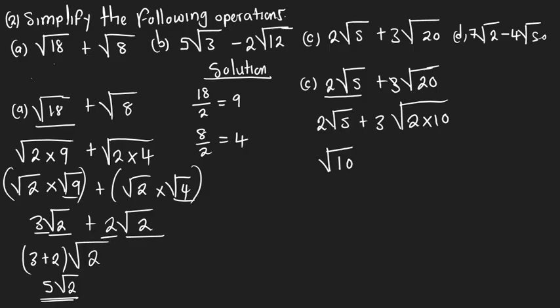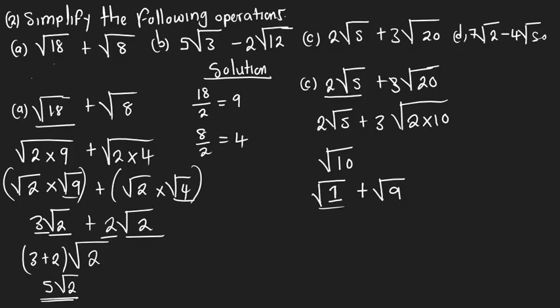So if you want to find the square root of 10, what you do is, you can also write it as the square root of 1 plus the square root of 9. So you know that the square root of 1 is 1.